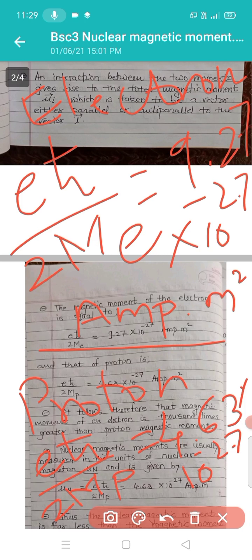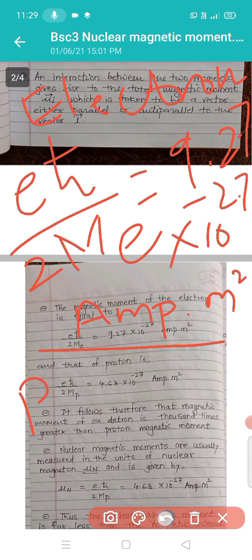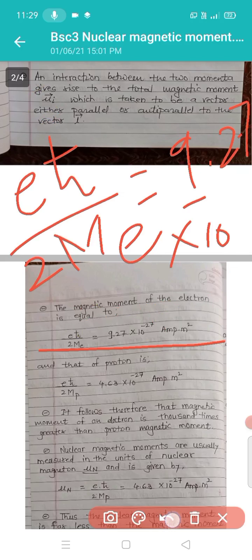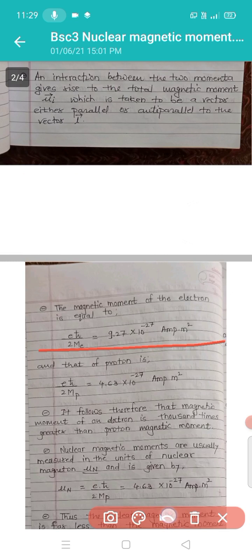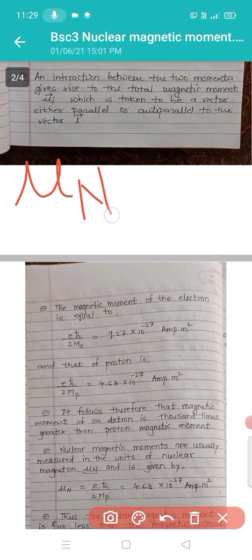The nuclear magnetic moments are usually measured in the units of nuclear magneton.